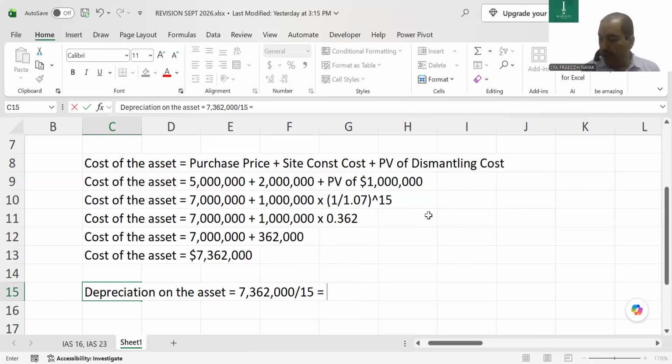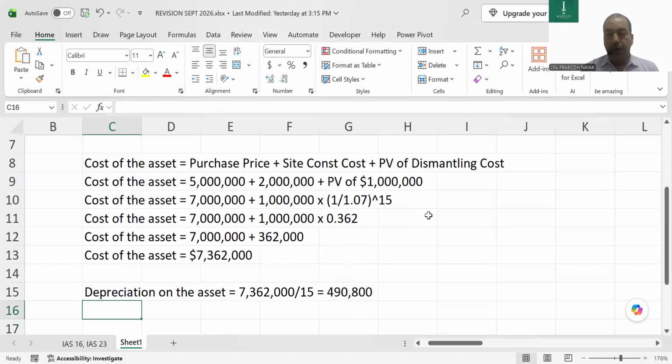So that comes to 490,800. Okay, that is your depreciation.